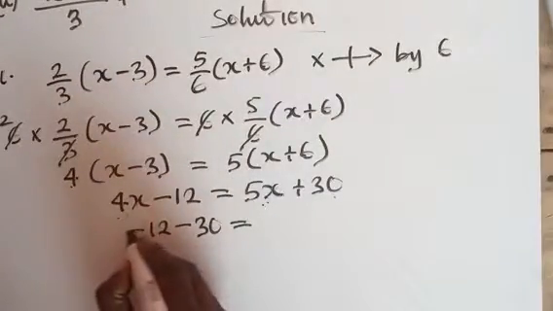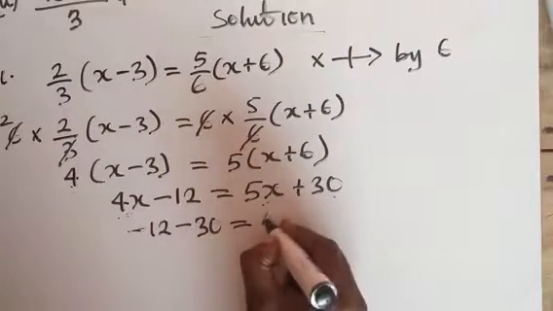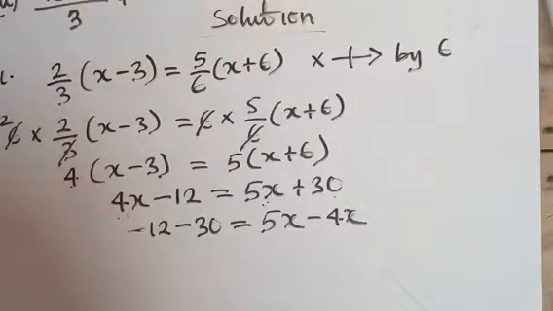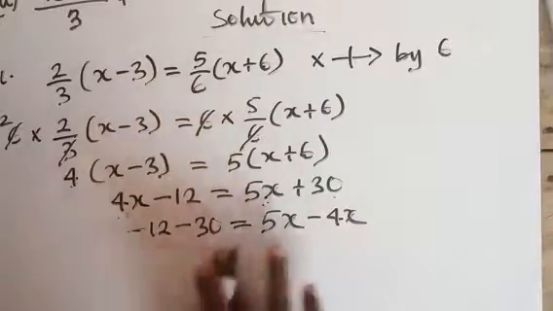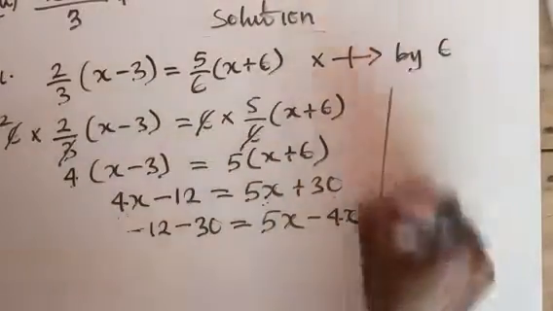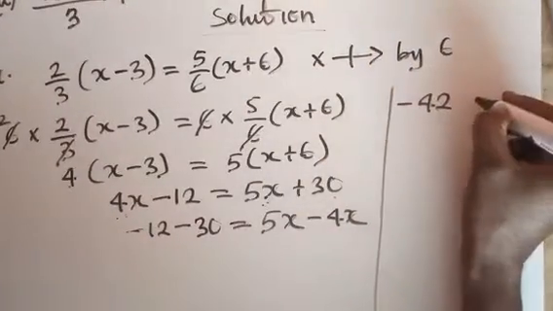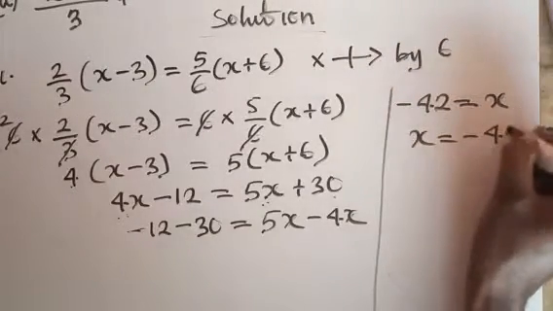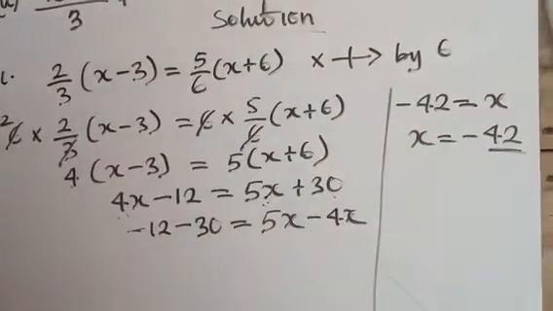So I've got minus 12, then when 30 crosses, it becomes negative 30. So I've got 5x minus 4x. Minus 12 minus 30 will give me minus 42 equals x. Therefore, x equals minus 42.